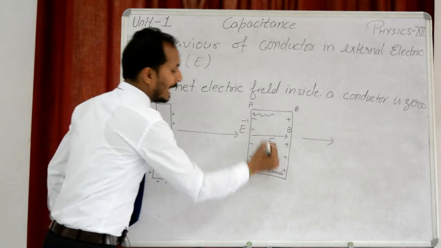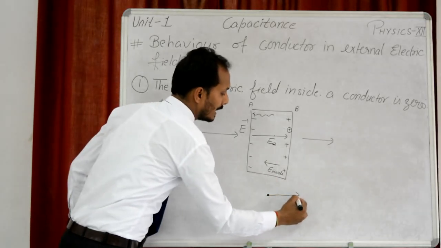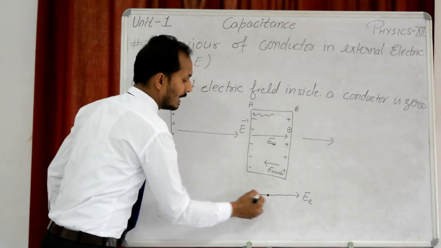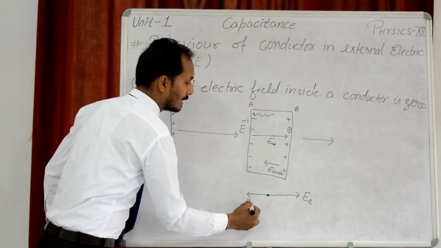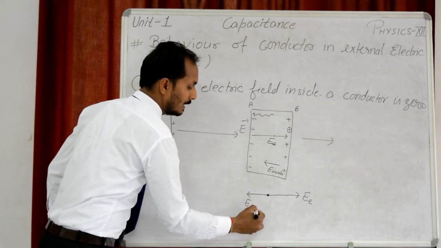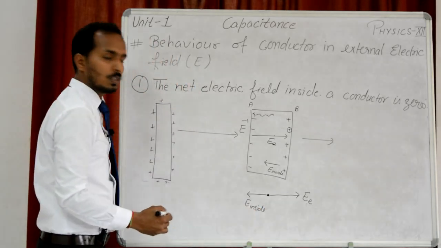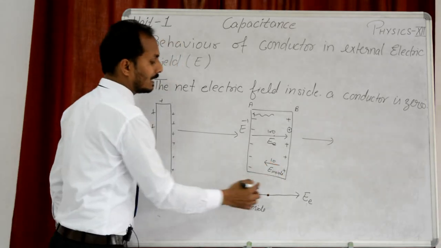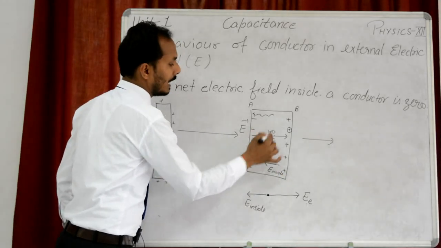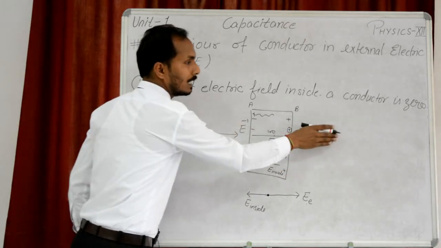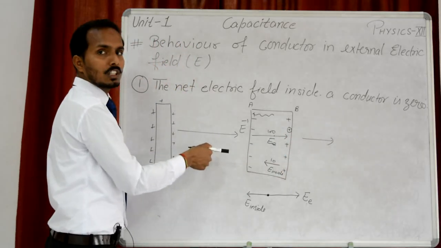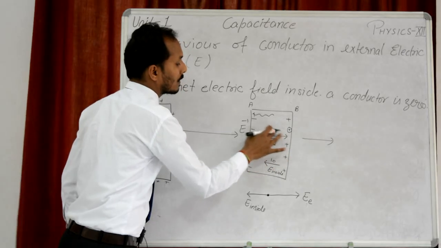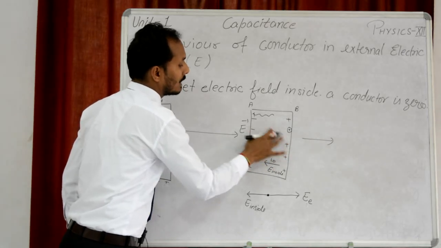So the net electric field: this is the external electric field and this is the induced electric field inside the conductor. Suppose this has 100 and this is 10. Since the directions are opposite, the net electric field becomes 90.